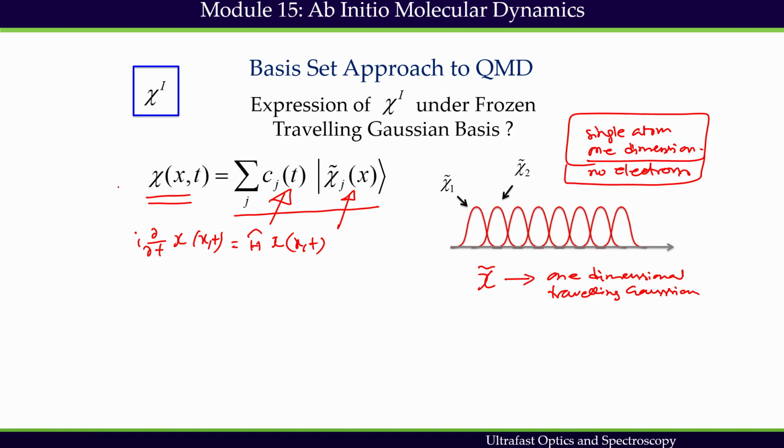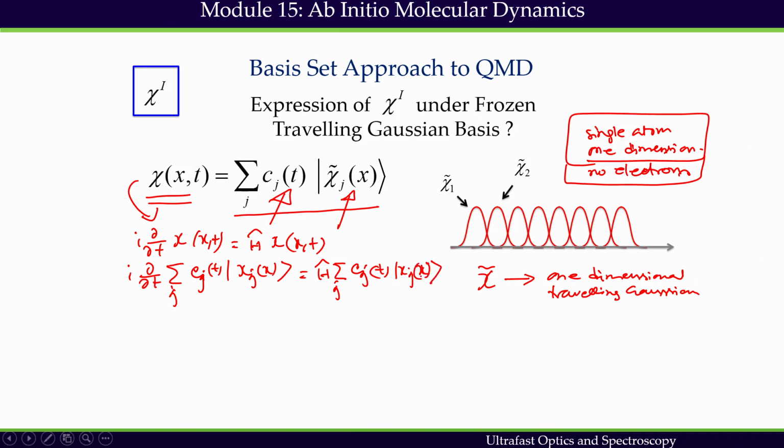So I can plug that in here, and what I can write is i h bar partial derivative with respect to t of the summation over j of c j as a function of t times chi j x equals H acting on the summation of c j t chi j x.